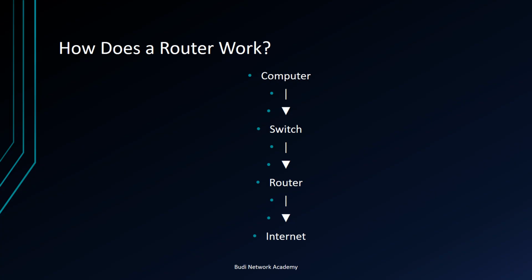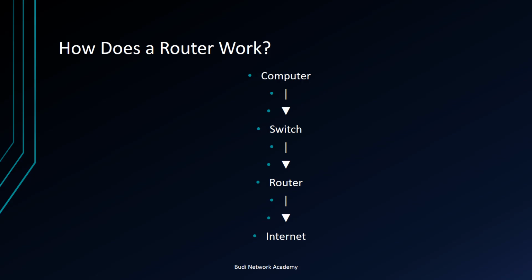Let's look at a simple example. Imagine that our computer wants to access a website on the internet. First, the computer sends the traffic through the local network. The traffic reaches the router. The router examines the destination information and determines where the traffic needs to go.